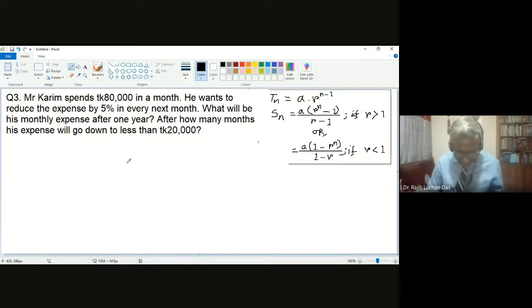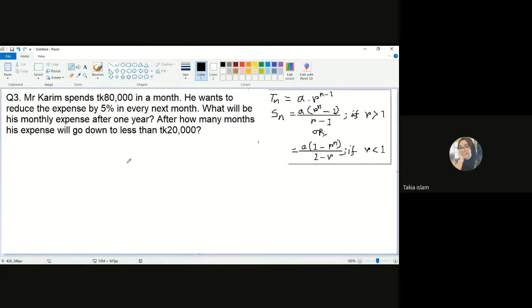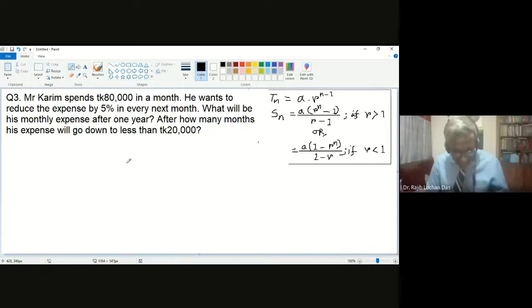I don't even know Mr. Karim. He wants to reduce the monthly expenses by 5%. You may think it is very good.